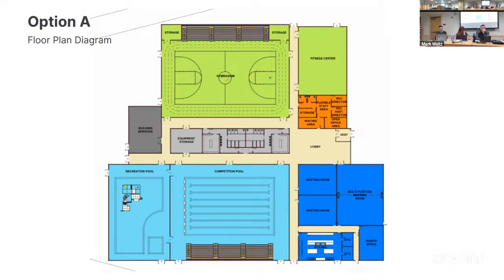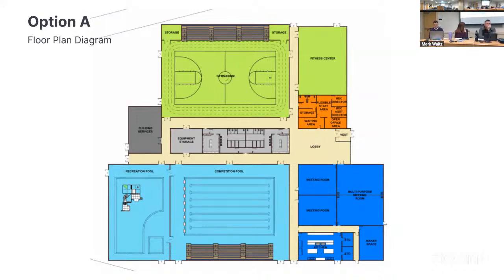The admin, we've done a test fit to see what would fit into that. It shows a couple of offices, an open office space, a waiting area, some storage, a couple of staff toilet rooms in that admin block itself. The meeting rooms are shown, a couple different sizes of meeting rooms. We've talked at some point about whether there's a community kitchen.